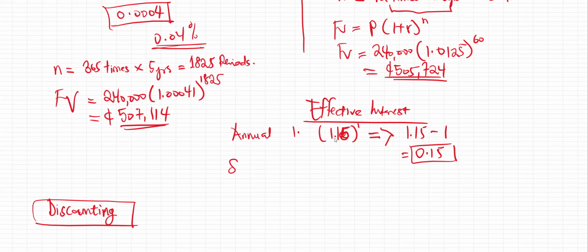Let's go to semi-annual. The interest rate was 1.075 raised to the power of 2, which will give us how much? Do the calculation.